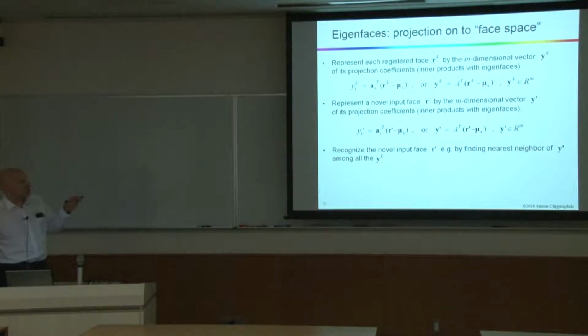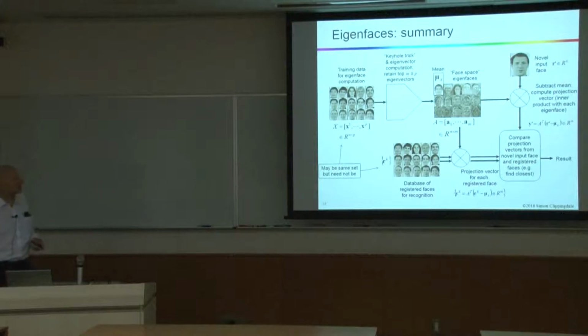And then we can represent a new input face that we're trying to recognize by the same kind of thing. So form a vector of these coefficients by projecting the input face onto the face space, and then compare it, for example, by finding the nearest neighbor with the ones in the database. In pictures, it looks like this.